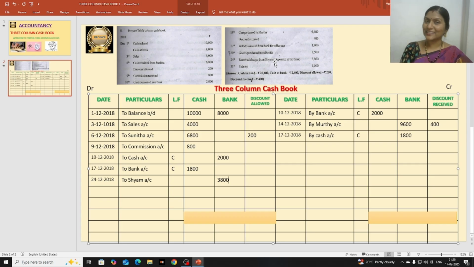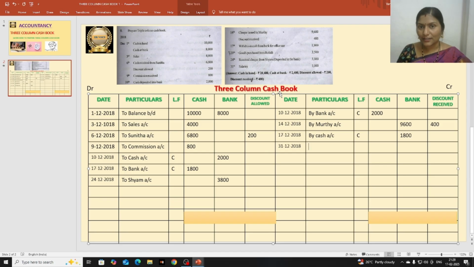If the business pays salaries, what is happening to cash? Cash is going out. So where are you going to write? If cash is going out, you should record on which side? Credit side. Go and record on the credit side, because whenever the business is paying salaries, cash is going out, and if cash goes out, we record on the credit side. Record on the credit side, date 31-12-2018. What do we write?